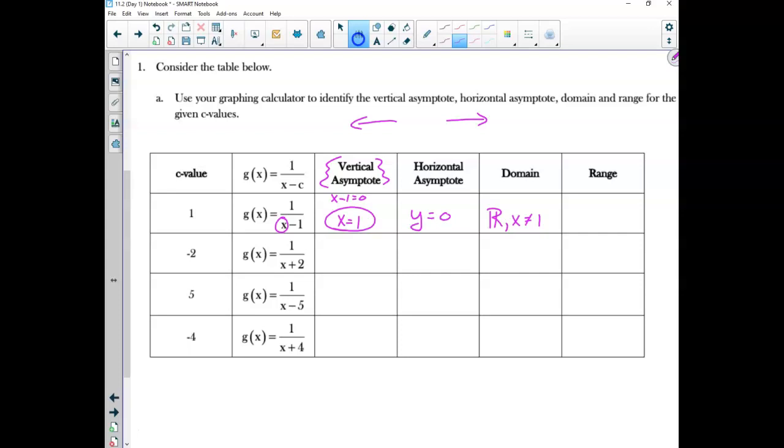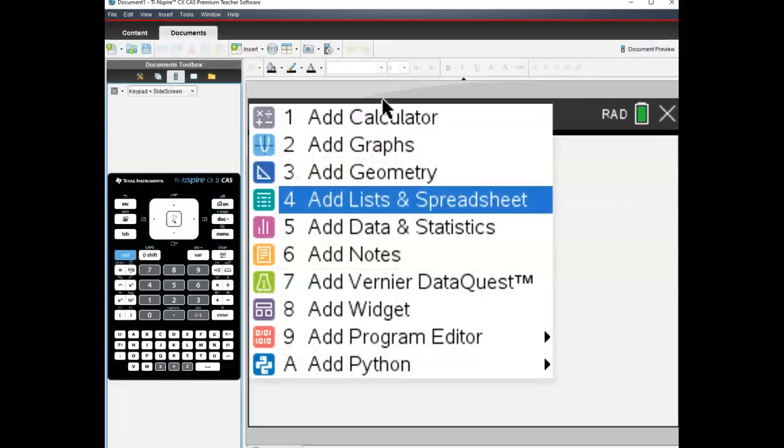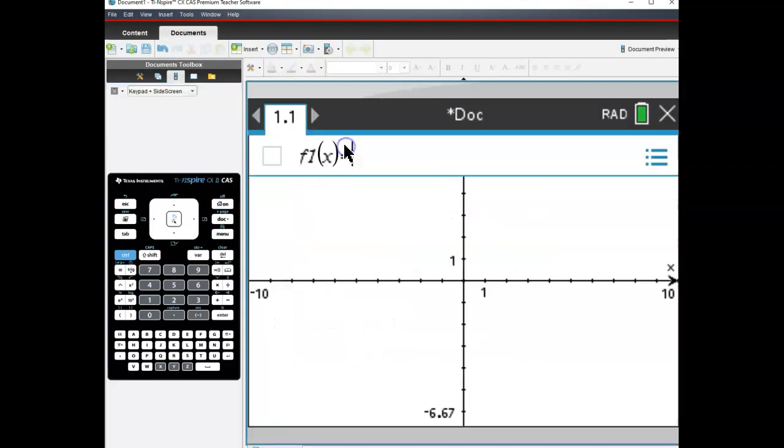And if I have a horizontal asymptote at y equals 0, then I'm going to have not necessarily an exclusion in my range. And to find your range, you are definitely going to want to see your graph here, which means you really want to pull up Desmos, and we're going to add a graph really quick.